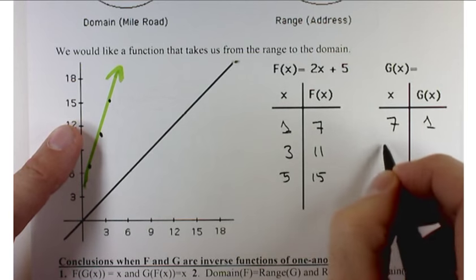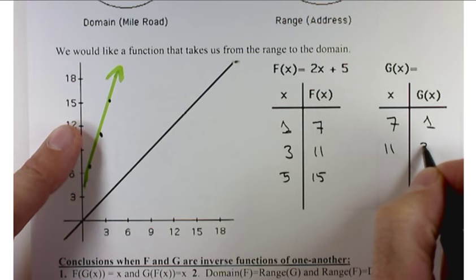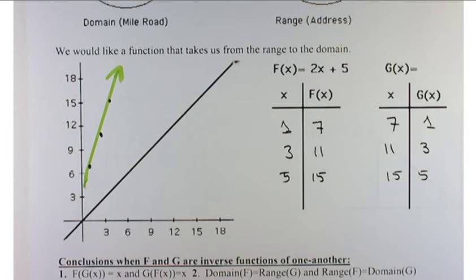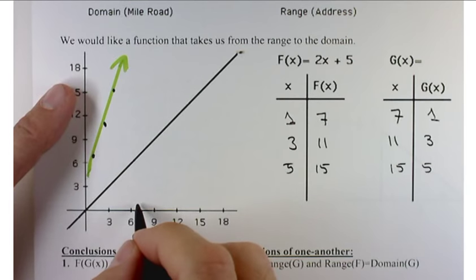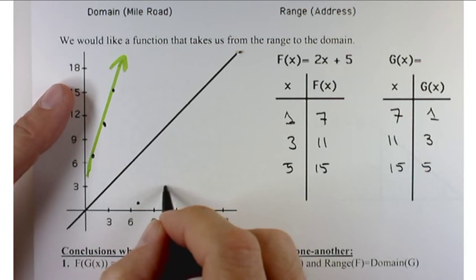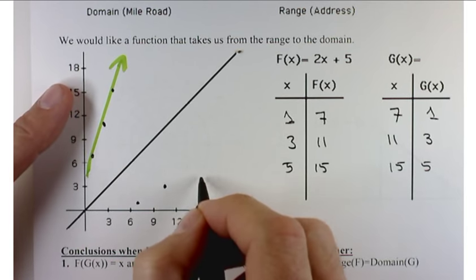If I put in 11, I want to get out a 3. And you can kind of see what's going on. You're interchanging the roles of x and y. They're switching. They're flip-flopping. Let's graph this one. So 7 and 1, 11 and 3, and 15 and 5.